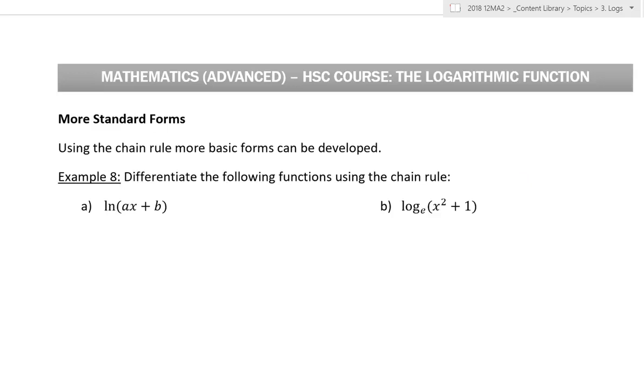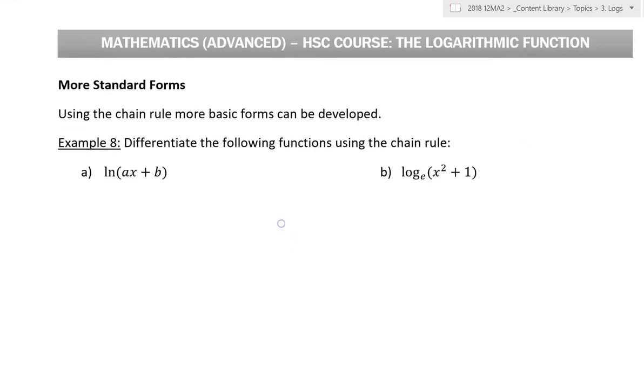Now we've got a couple of other things here. We can use the chain rule to satisfy ourselves that these basic forms work. So I'm going to say u equals ax plus b, for du/dx equals a.